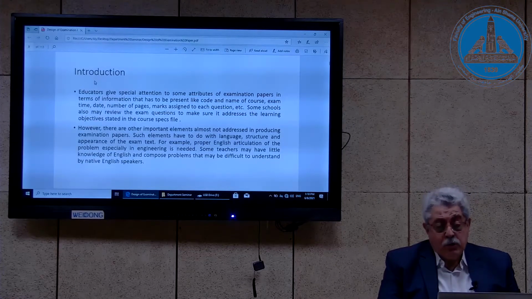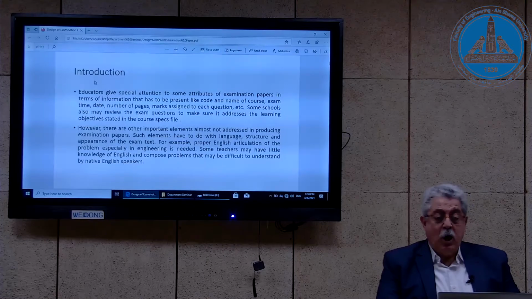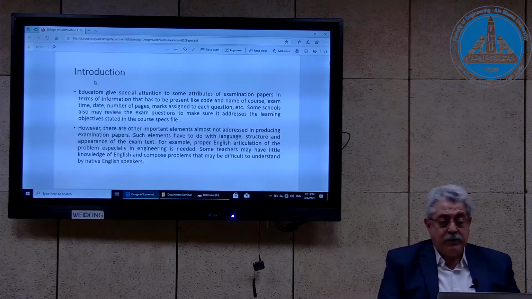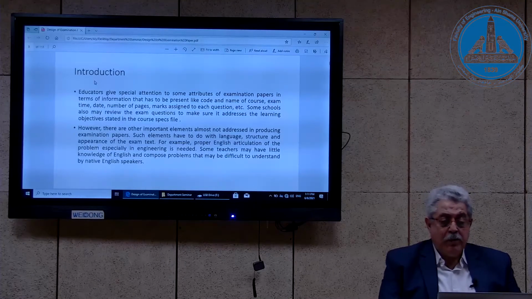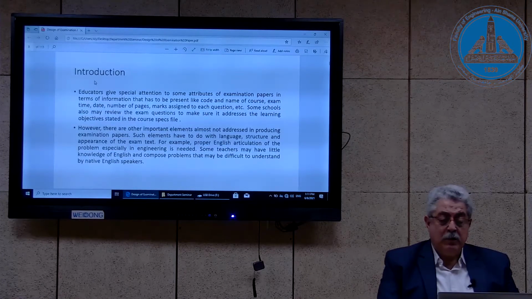And some schools review exam questions to make sure that they address the learning objectives before the actual examination takes place. However, in this particular presentation, there are other important elements almost not addressed in producing examination papers, such as language, structure, and appearance of the exam test.